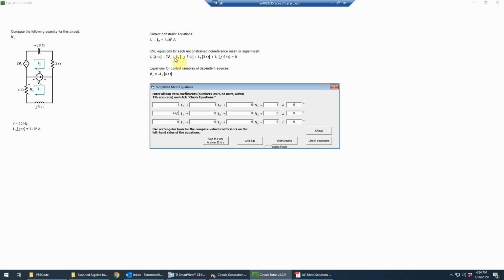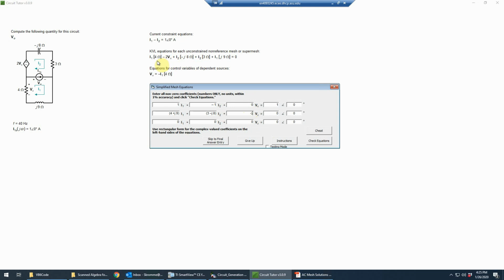I2 now has a coefficient of 3, and then there's negative j8, so combining those gives 3 minus j8. Then Vx in this equation has a coefficient of negative 2, because that does appear there. So we have a negative 2 times Vx.